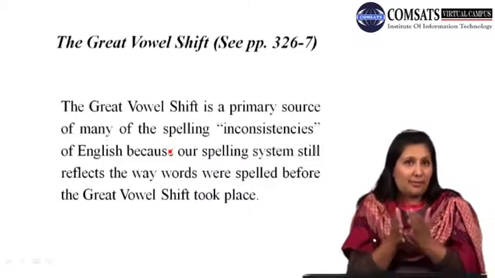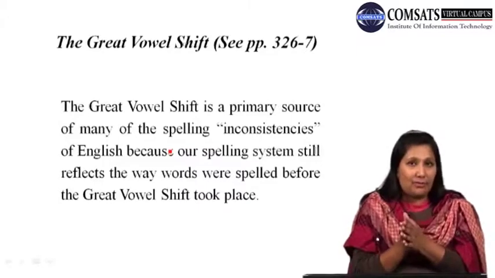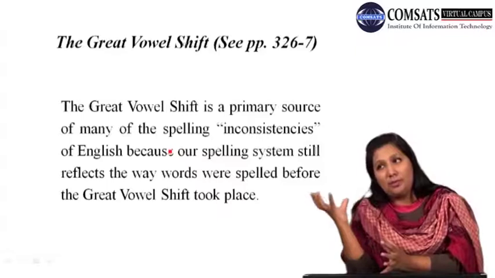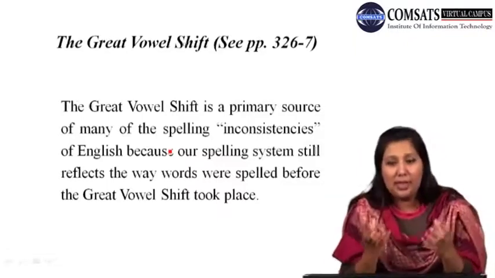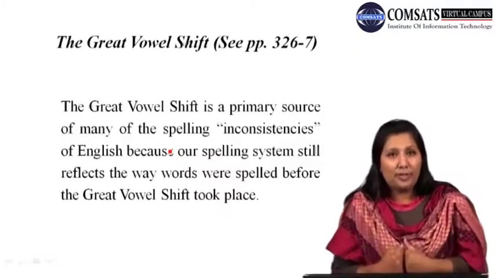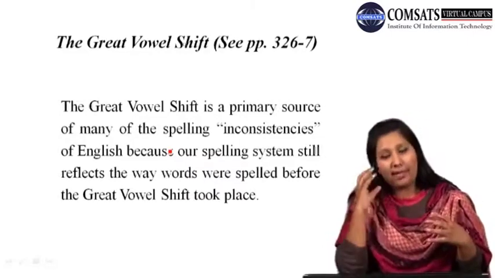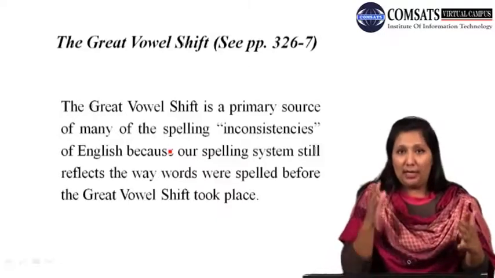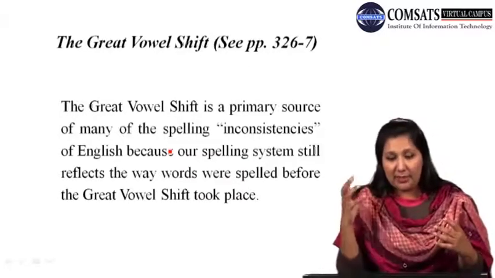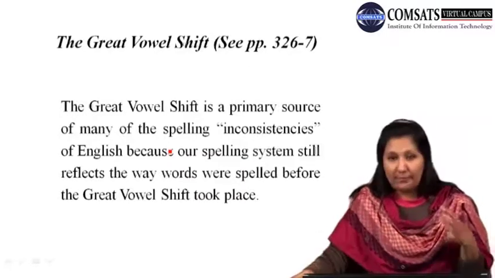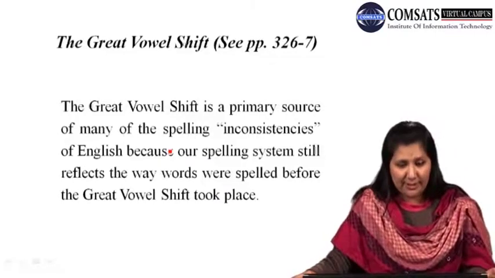Actually, there are some inconsistencies that were found in the older words or in the new words. So the Great Vowel Shift looks at all those shifts that had taken place in the pronunciation at different stages.